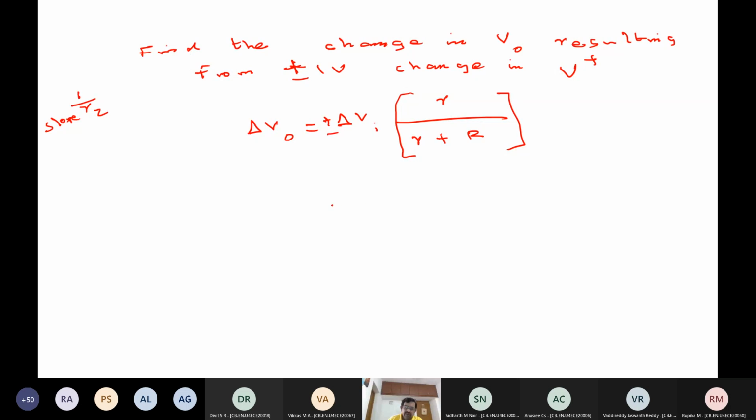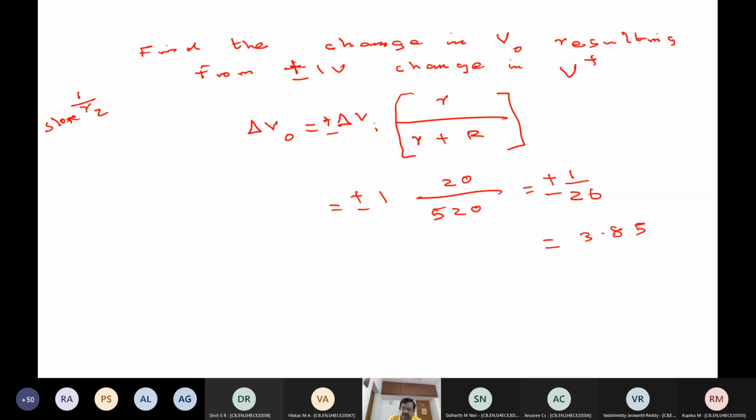So with that, we have plus minus 1 volt, and this is 20 divided by 520 ohms, because it is 500 plus 20 ohms. So we will get roughly about 1 by 26, plus minus, and I can tell you the value. You get 3.85.